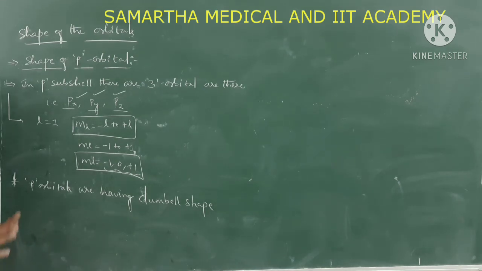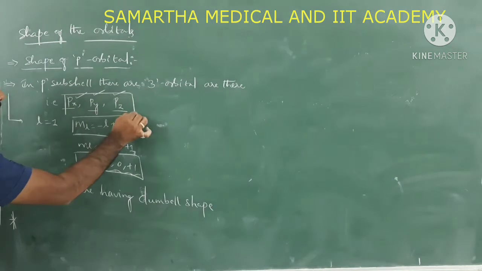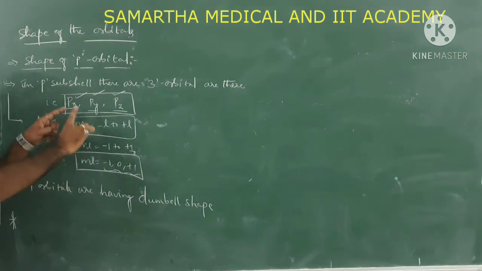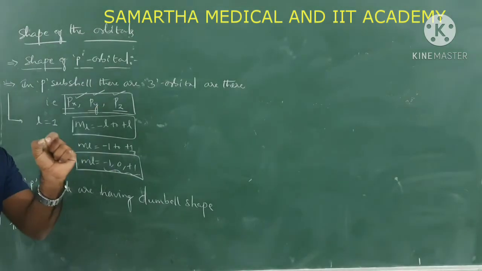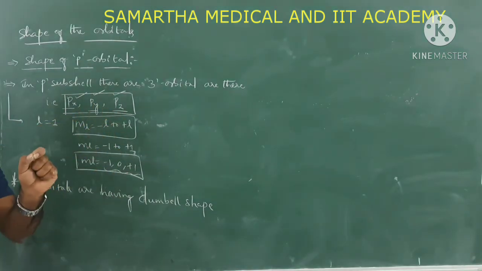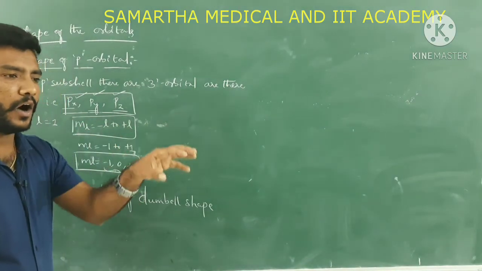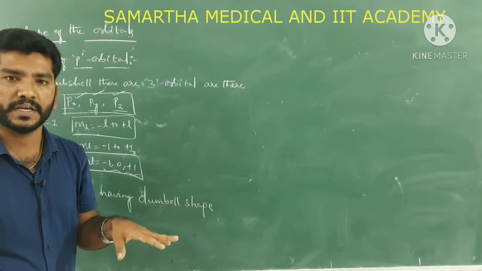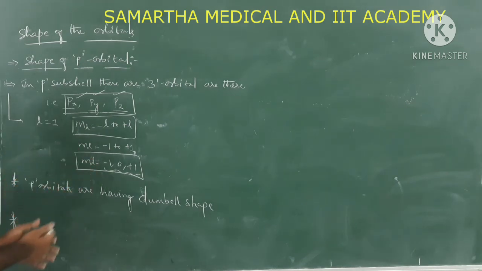One more thing: these 3 orbitals, px, py and pz, have equal energy. That's why we can call them degenerate orbitals. The term degenerate means that the orbitals have equal energy. Since these three orbitals have equal energy, they are known as degenerate orbitals.